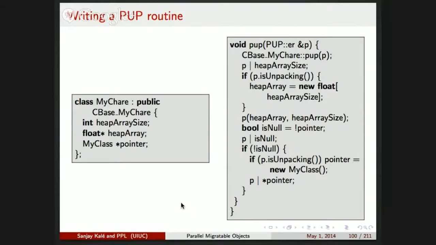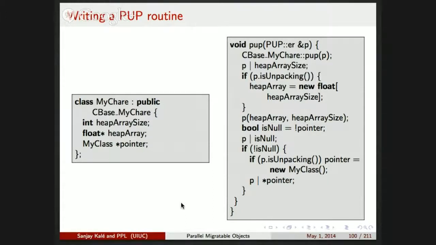But essentially, what we have is some variable array of a given size of floats. So in our pup routine, we pack or unpack the size deterministically. And then we say, if we're on the unpacking end, then we need to actually allocate memory for space in which to unpack the data that we're receiving.